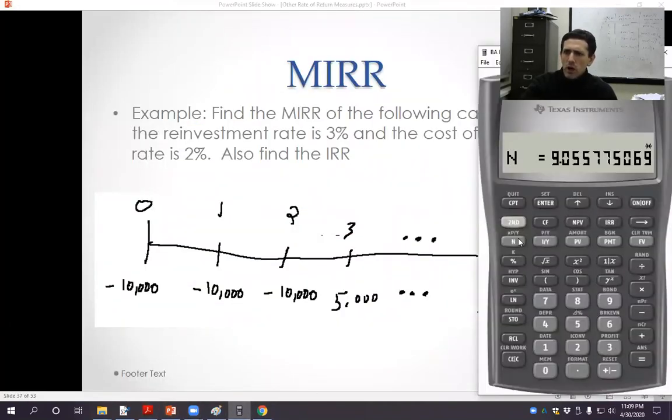Okay, so cash flow. Right, so you have 10,000 as your initial. Enter. Okay, then you have two 10,000s. Well, let's just enter it.